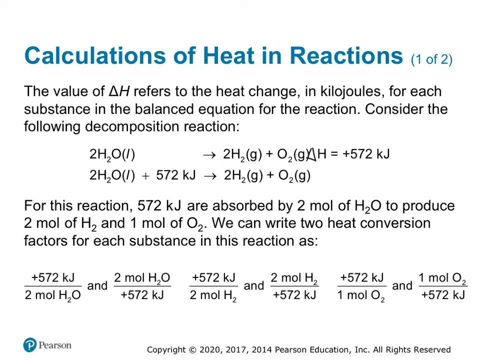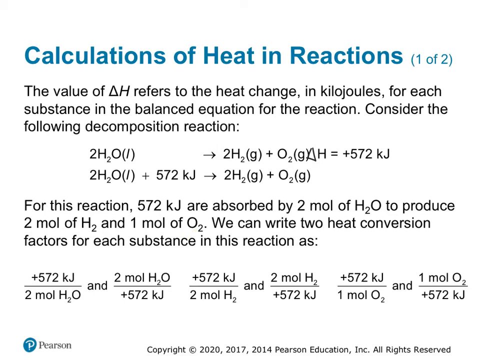Well, how much is absorbed for each reactant or product? We talk about how much is absorbed per mole, and we use the coefficients in the balanced equation. So 572 kilojoules are absorbed by 2 moles of water to produce 2 moles of hydrogen and 1 mole of oxygen.